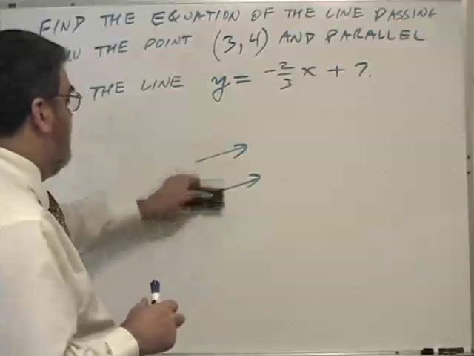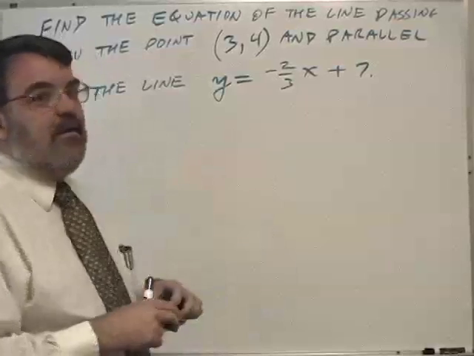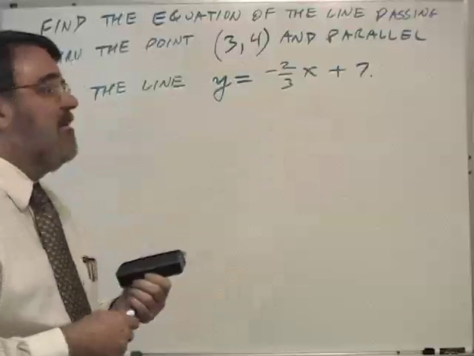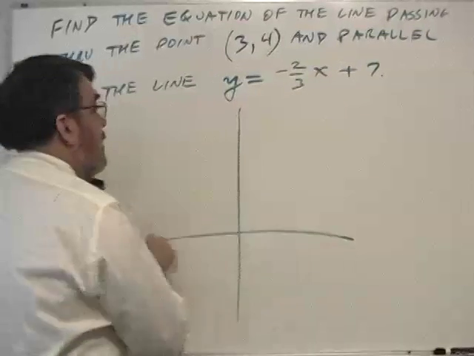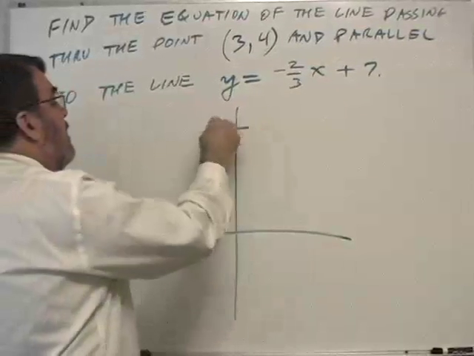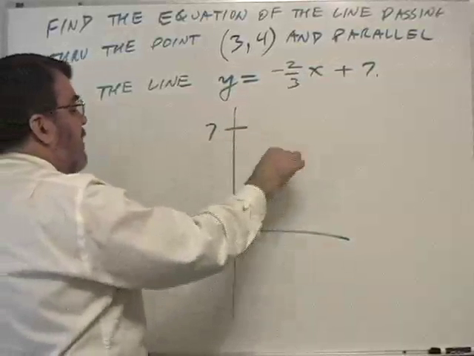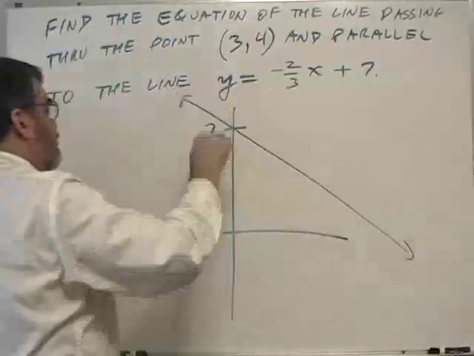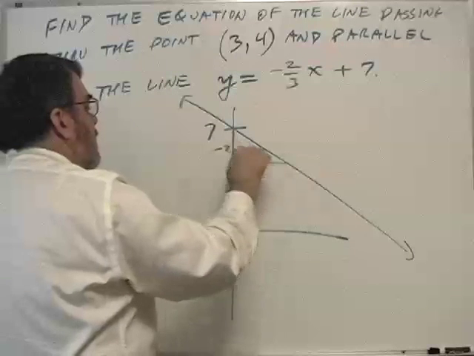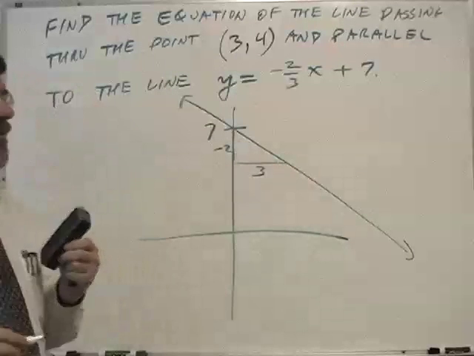So I've written an equation where it's easy to find the slope. This line is, and I'm just sketching it roughly here, 7, negative 2/3. So it comes down approximately like this. There's my negative 2/3 slope.